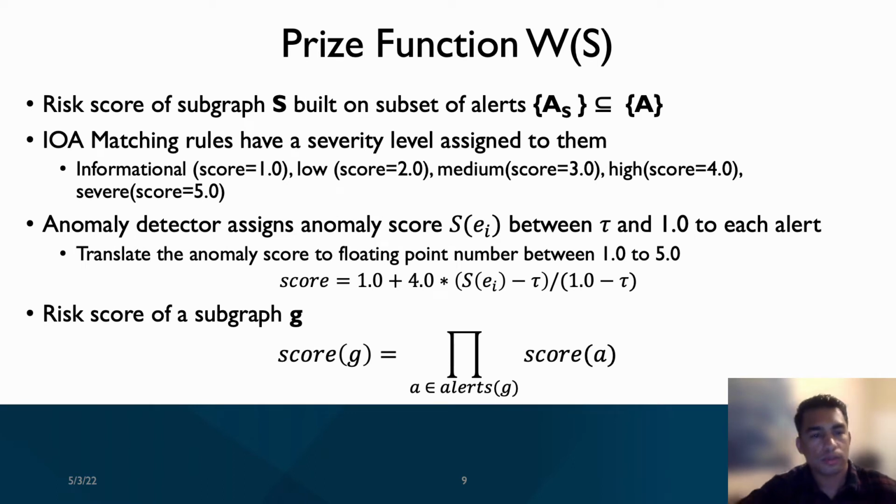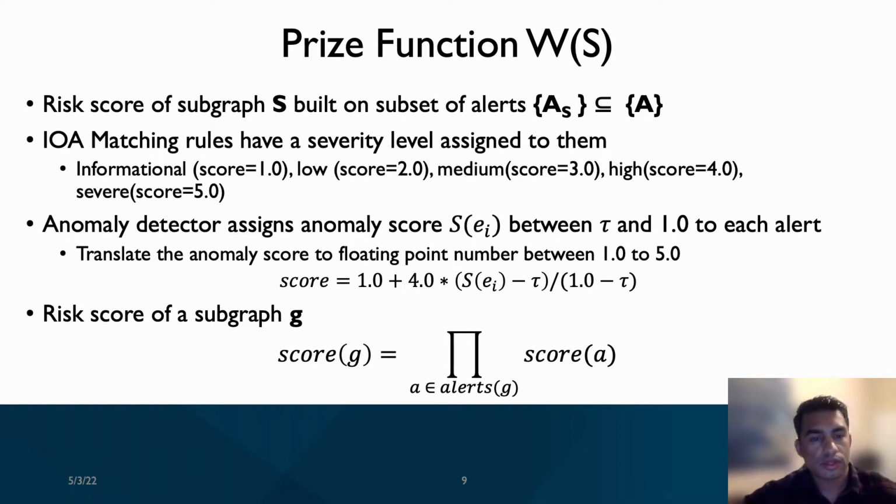Right, so the price function is basically the risk score of the subgraph S built on the subset of alerts. If we have a group of alerts that correspond to a subgraph, the cumulative risk score of all of those alerts is basically our price, and that is what we want to extract. So how do we calculate the risk score of that subgraph? First of all, each of these IOA matching rules has a severity level assigned to it. For example, informational, low, medium, high, and severe are assigned the scores of 1, 2, 3, 4, and 5 respectively.